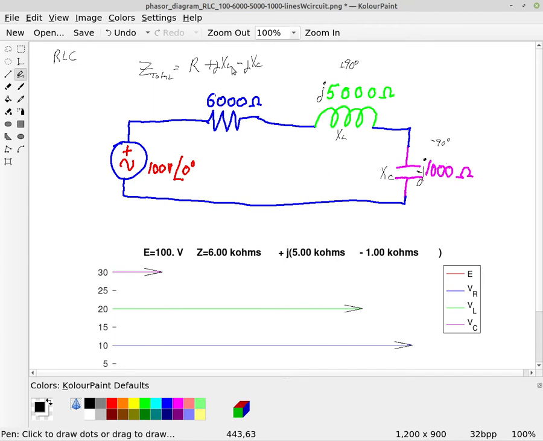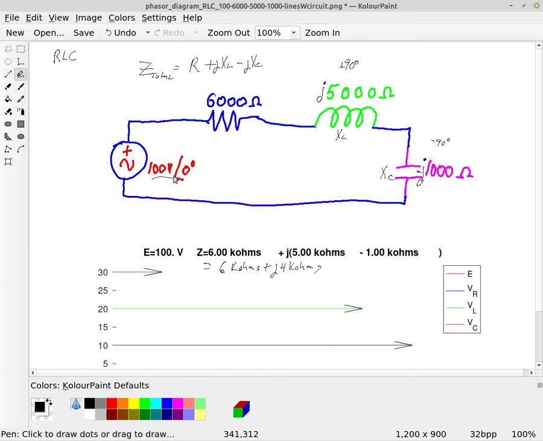And so when we look at this, our total impedance is 6 kiloohms plus J 5 kiloohms minus 1 kiloohm. We can simplify that by just saying 6 kiloohm plus J 4 kiloohms.